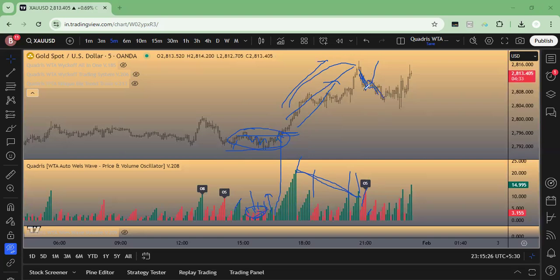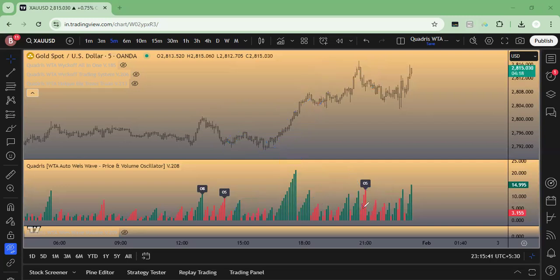And as we are approaching downwards, you can see the supply volume is decreasing. Now, just to simplify, within this whole price action, starting from this particular point to this particular point, you can see there is minuscule demand, but supply is greater.